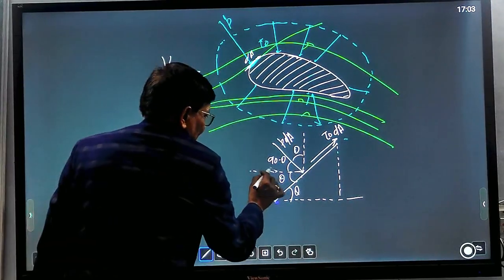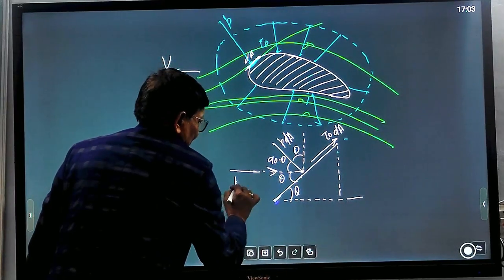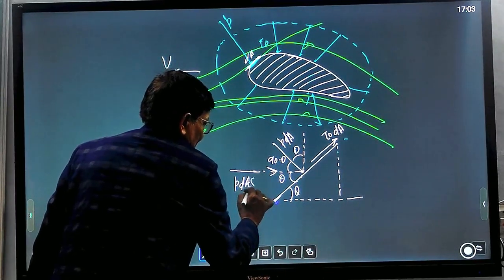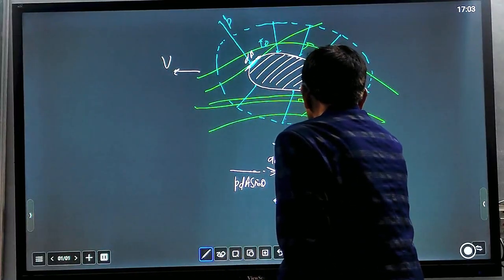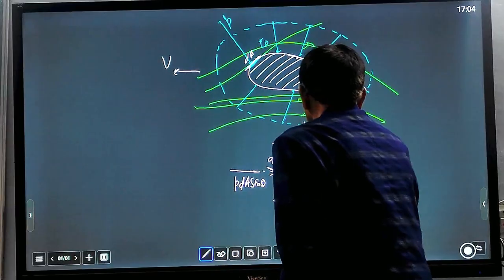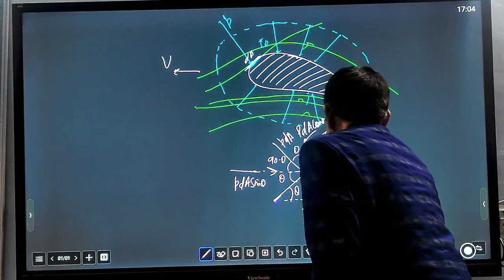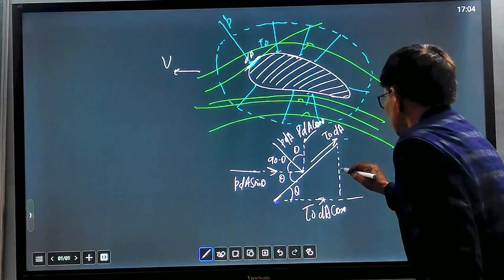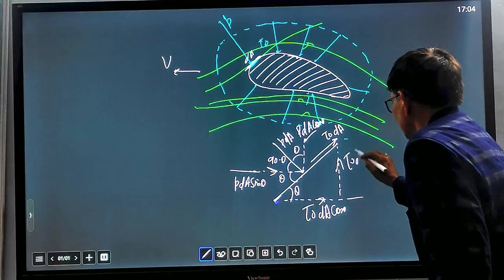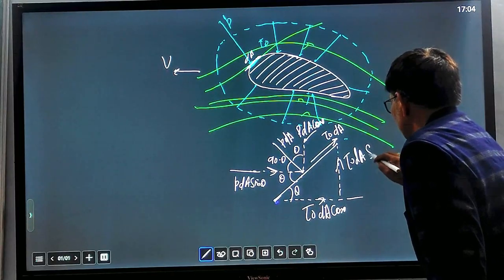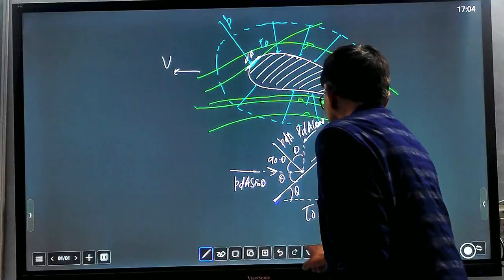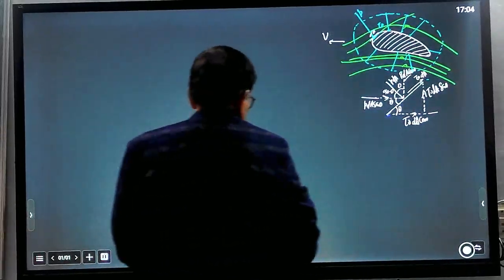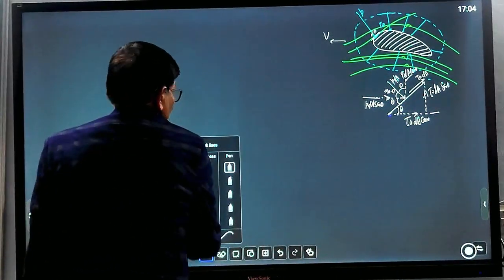The pressure force has components P dA sin theta and P dA cos theta, and the shear force has components tau naught dA cos theta and tau naught dA sin theta. So we can resolve into vertical force and horizontal drag force.